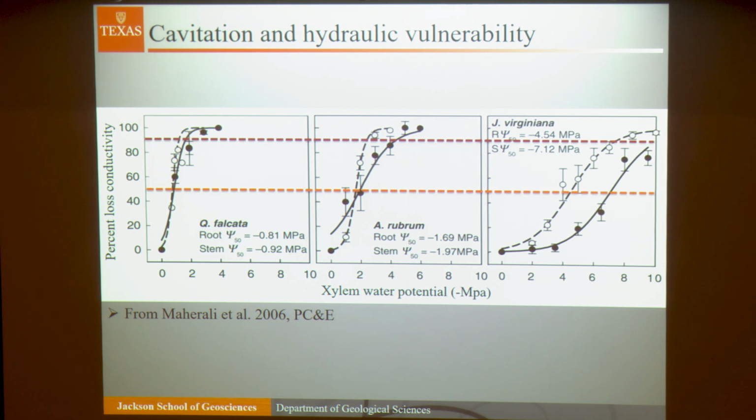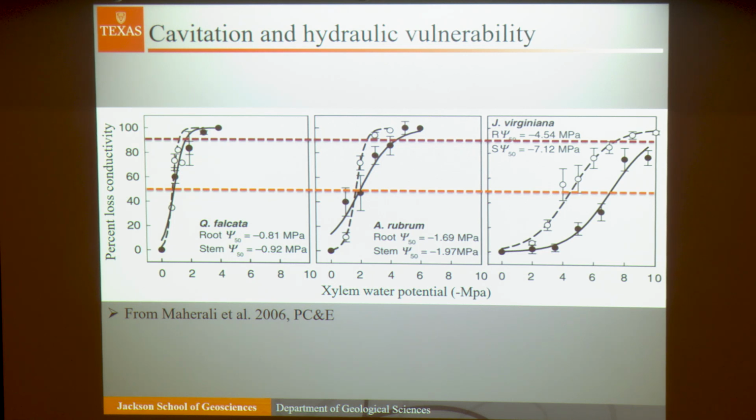And so there have been theories that we, as the scientific community, have put forward about trade-offs within the plant system: can you be both safe from cavitation and also transport water efficiently, and how are these things interrelated?